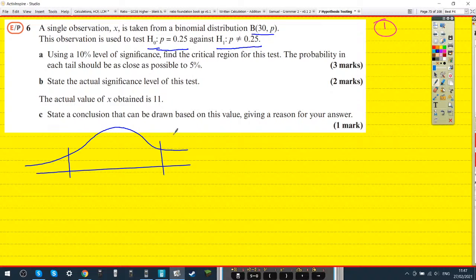In this case, we're just checking, is it biased in general? The way you do that is with a 10% level of significance: you do 5% at either end, halving the significance. Okay, so find the critical region for this one. It's going to be 2 critical regions.